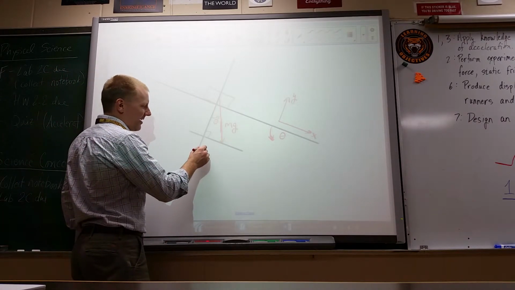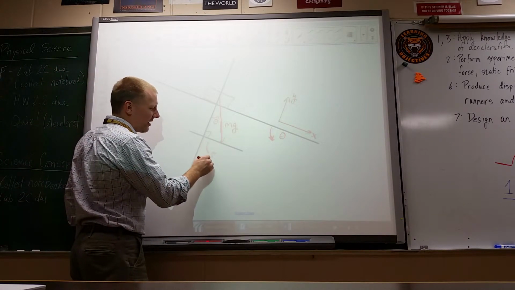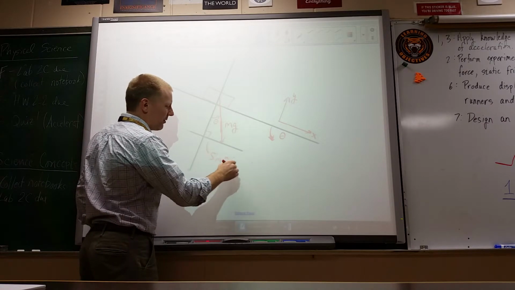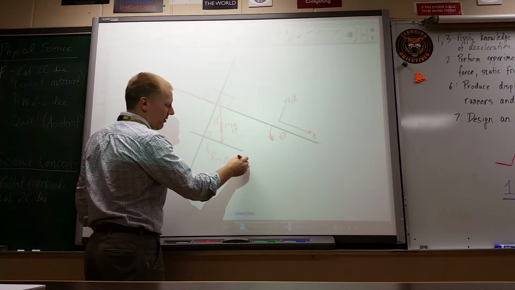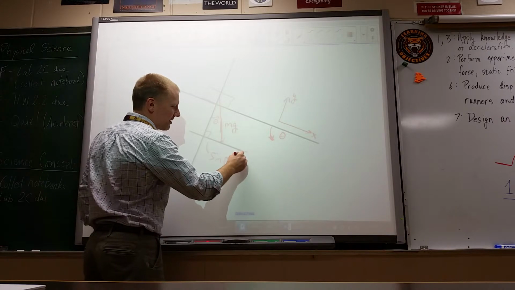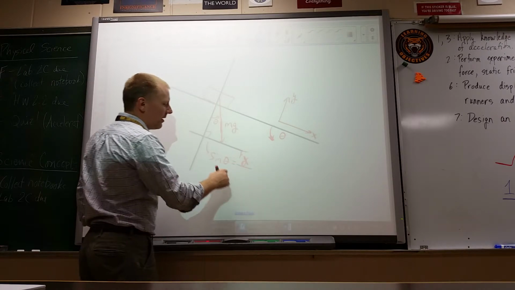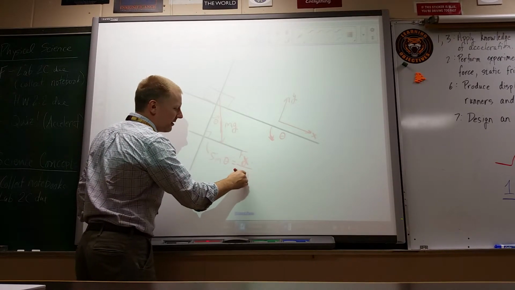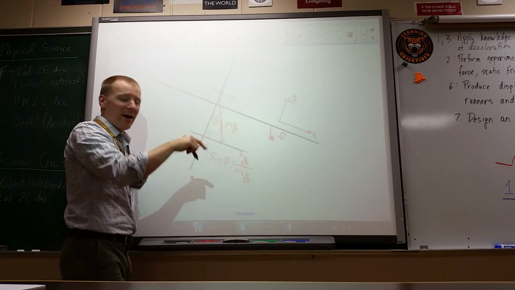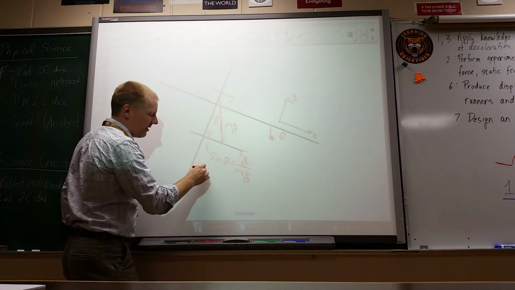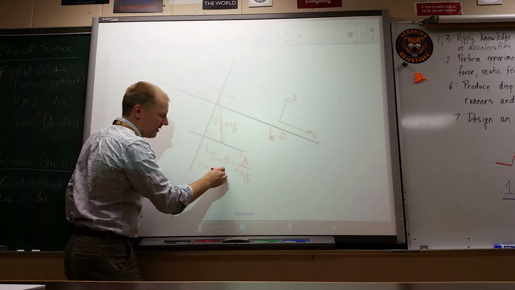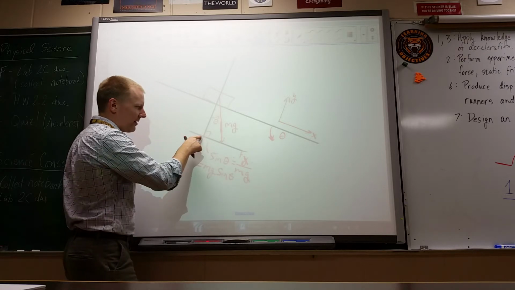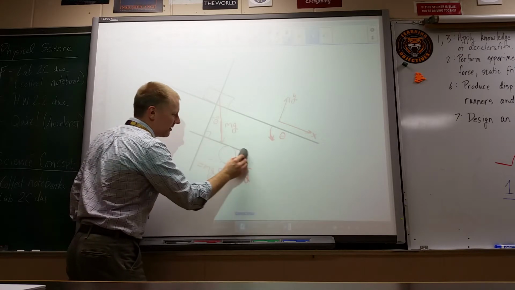So if I took the sine of theta, that would be equal to the opposite, which is what I want to find, the force in the X, over the hypotenuse mg, so that the force going down here is actually mg sine theta. That's what that component is.